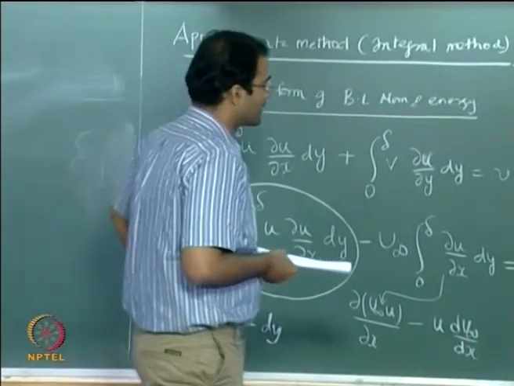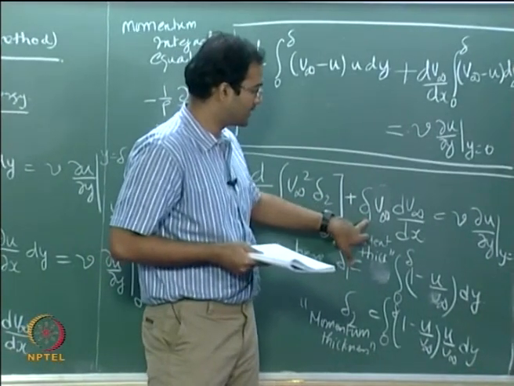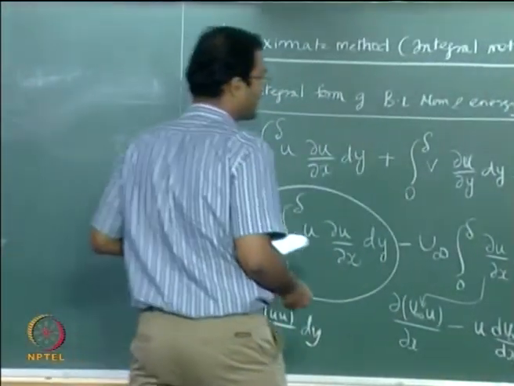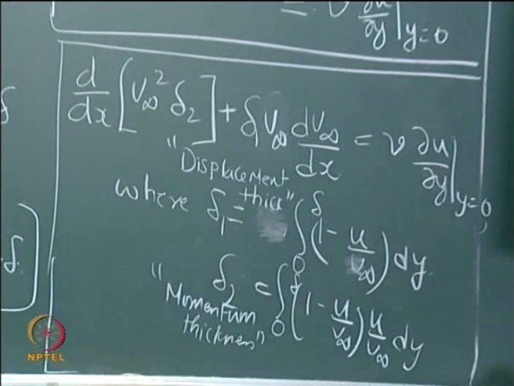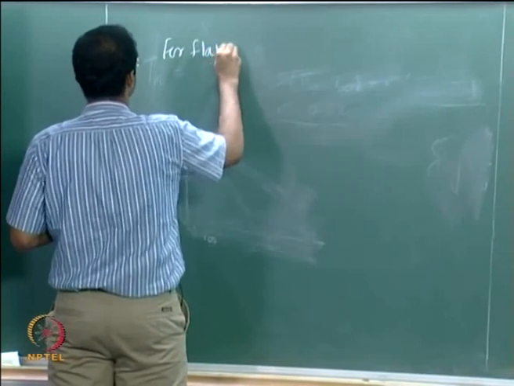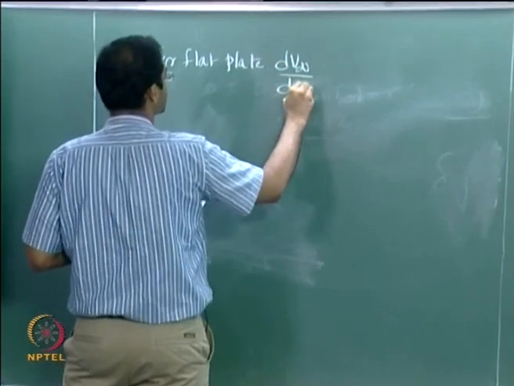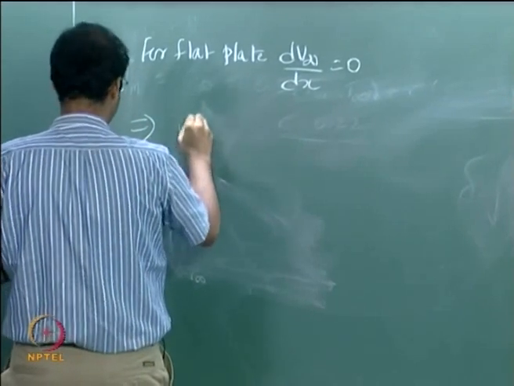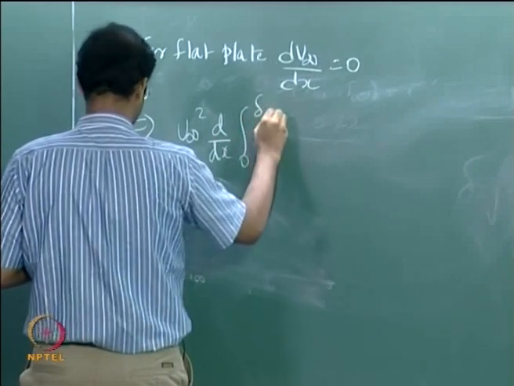So this is your momentum integral equation. You are writing this in terms of the momentum integral, your displacement integral, and so on. For the case of flat plate without the pressure gradient, the second term will be 0, so you do not have anything in terms of the displacement thickness. So for flat plate, your du infinity by dx is equal to 0, and this will lead to the form: you can write u infinity square d by dx of the integral 0 to delta.